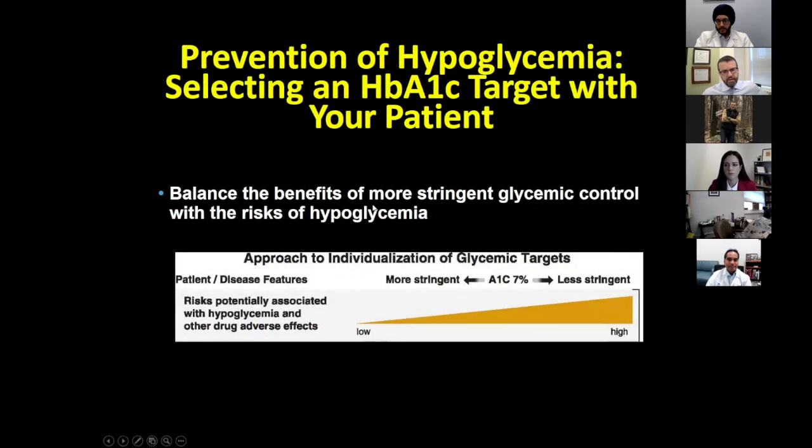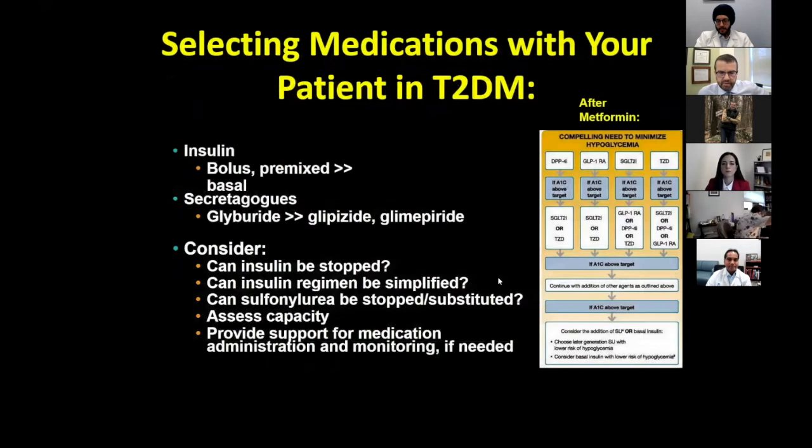And at the level of the individual patient, again focusing on individualizing targets and really setting goals that are going to be practical for that individual as well. At the level of the American Diabetes Association guidelines, they actually now have a section on this, and what the treatments are which are going to minimize risk of low glucose.